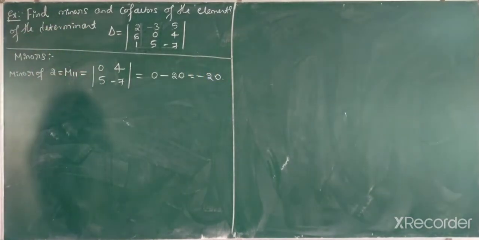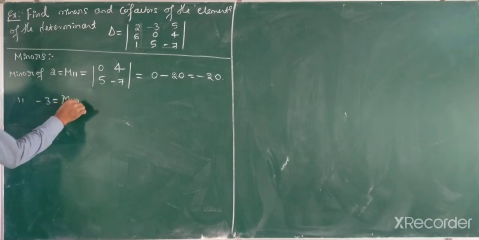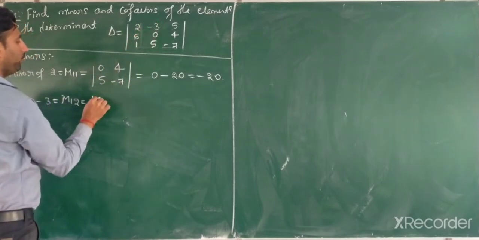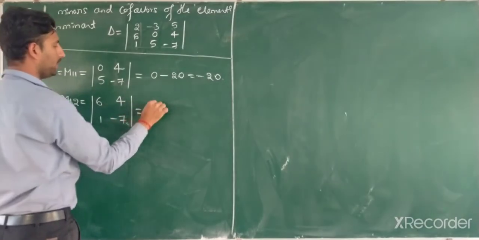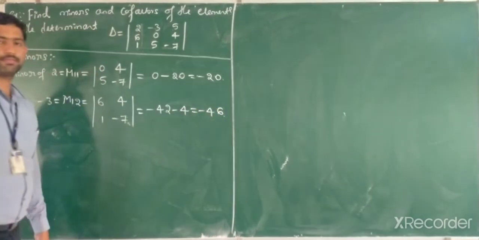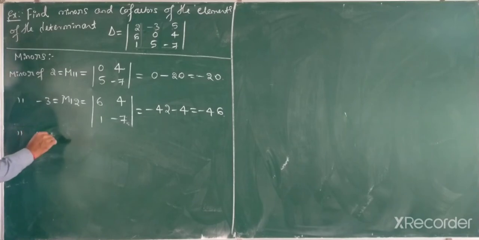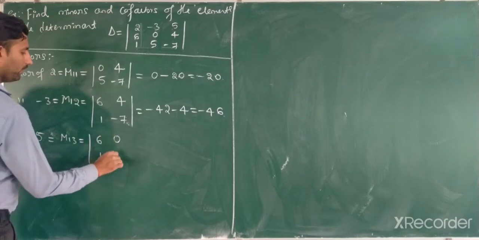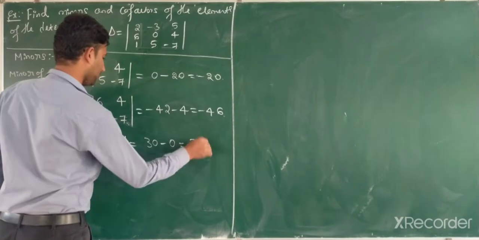After that, minor of minus 3, M12, is nothing but 6 4, 1 minus 7, which is minus 42 minus 4, which is minus 46. Minor of 5, M13, is nothing but 6 0, 1 5, which is 30 minus 0, which is 30.